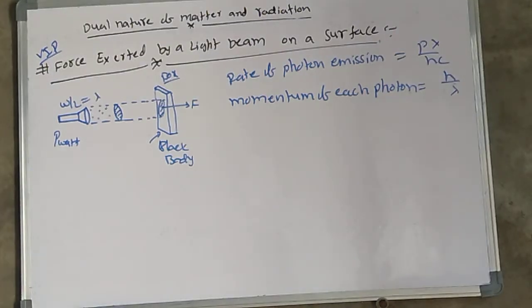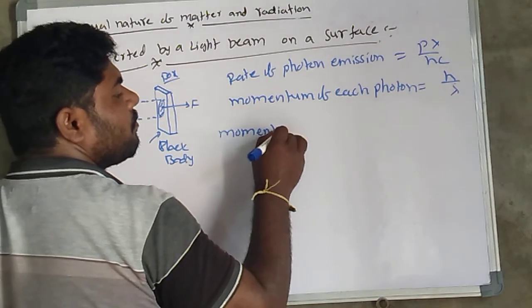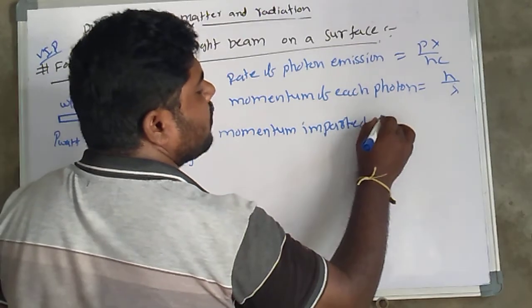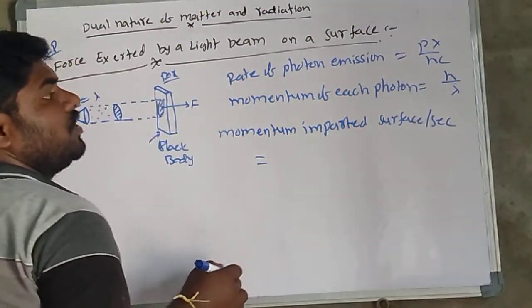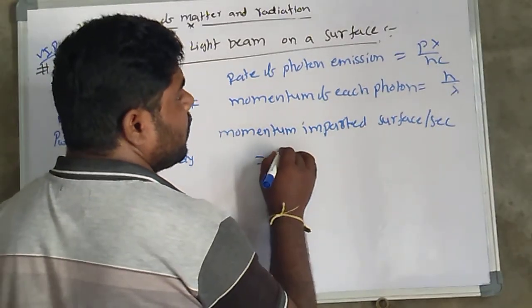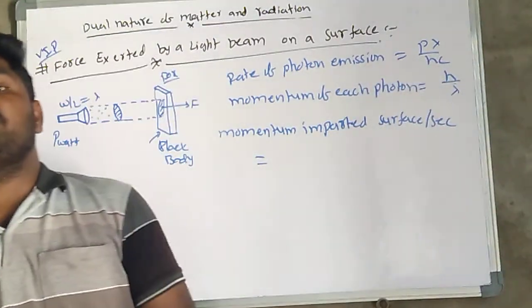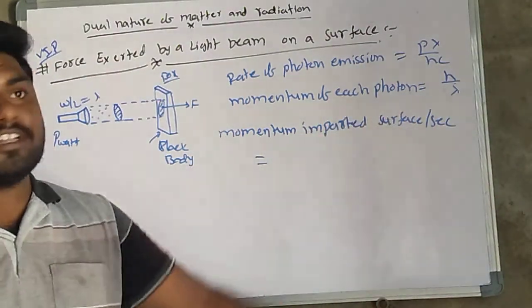The momentum imparted to the surface per second is equal to the rate of photon emission into the momentum of each photon.